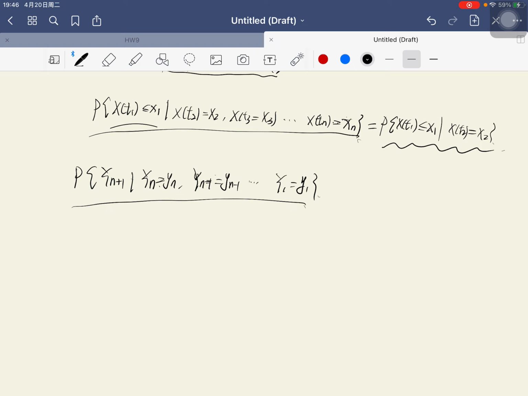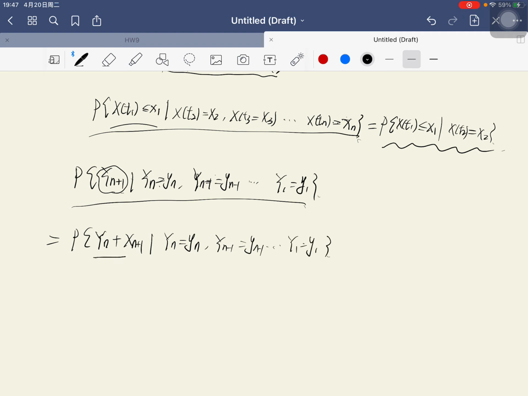So we could set that Yn equals the sum of Xi, and Y(n+1) equals Yn plus X(n+1), in the condition that Yn equals yn, Y(n-1) equals y(n-1), and so on.